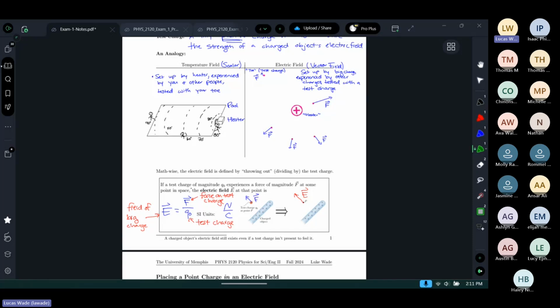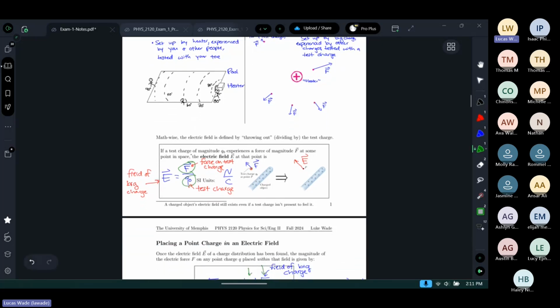But if I come up with a way of removing the charge of my measurement device, meaning the influence it has on this situation, then I can define what's left over as something only depending on the thing we're studying, the Van de Graaff generator, the charged disk, the charged rod, whatever it is. So it's the force on our little measurement device, which we call a test charge, divided by the size of that measurement device in order to remove its influence.